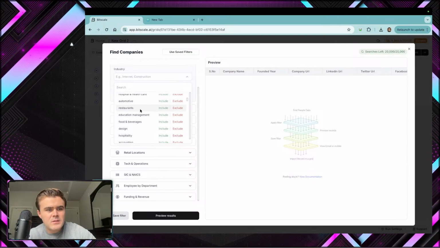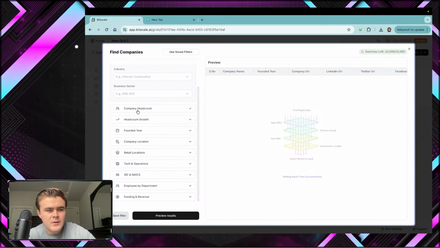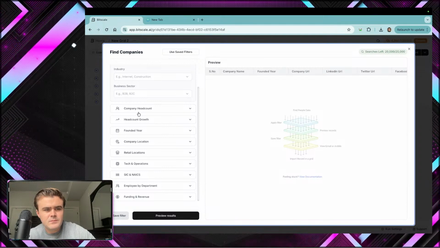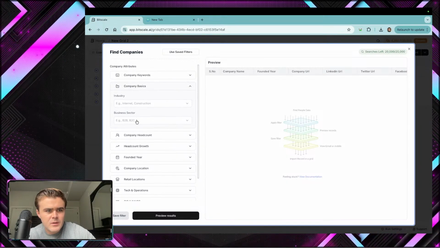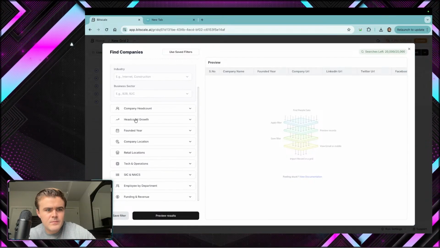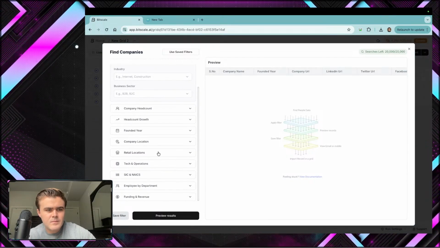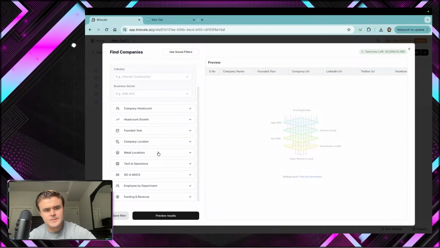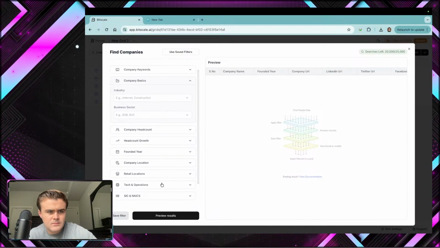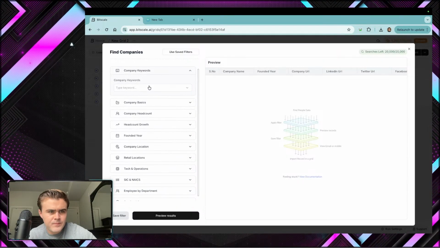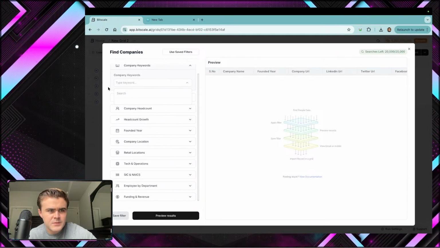So that makes it very difficult. Luckily, you just have to utilize a lot of keywords. Up here would be the keywords.